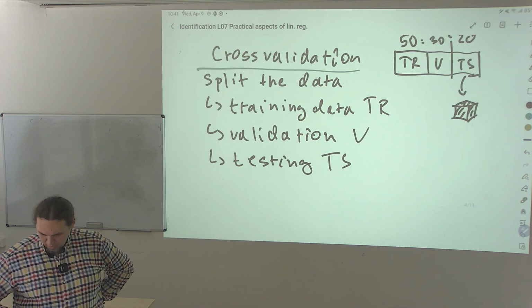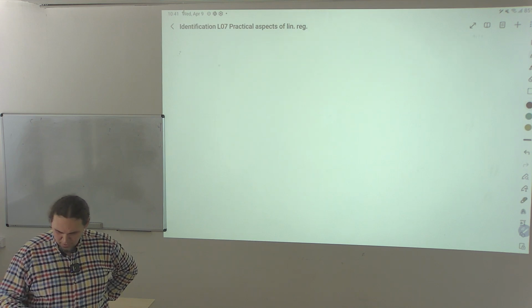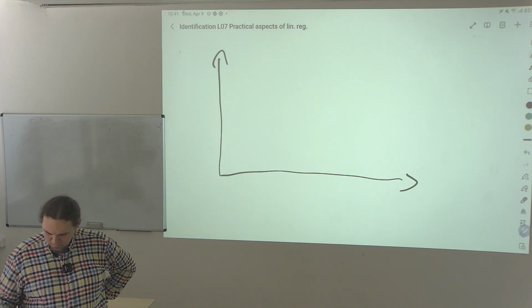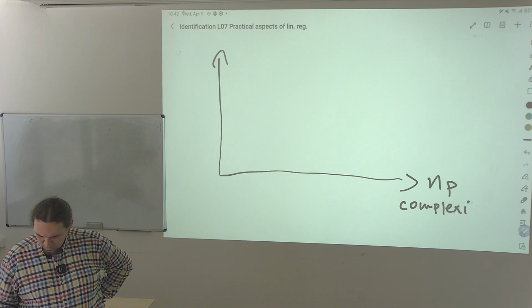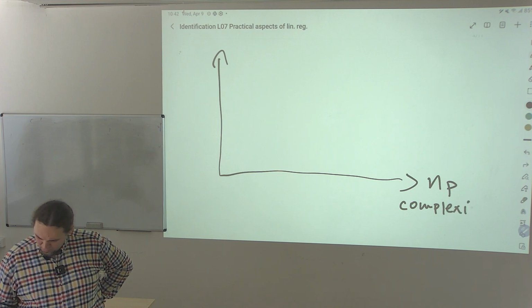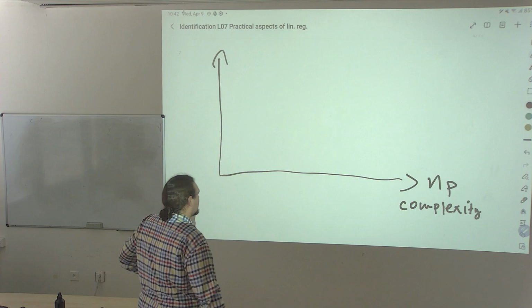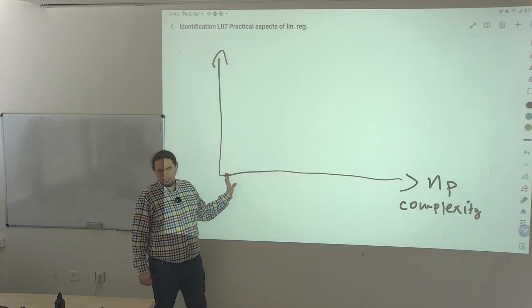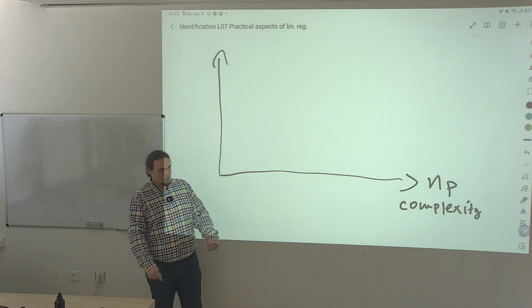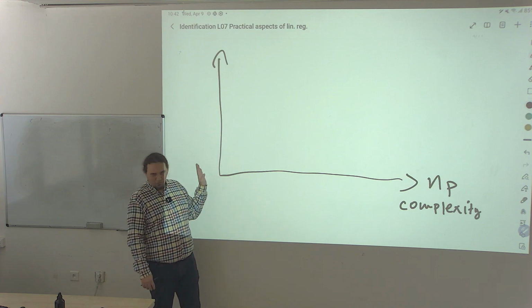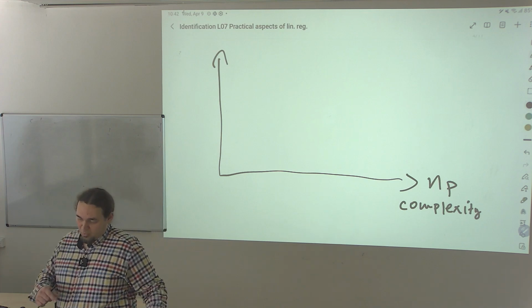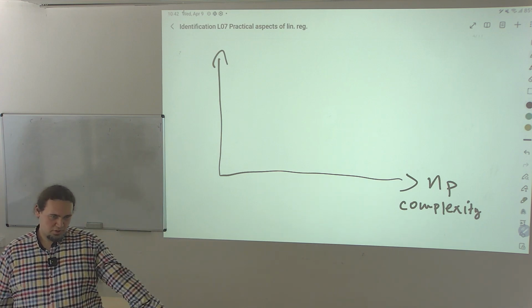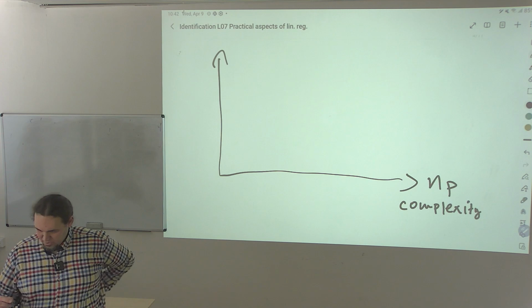How will this work? Let's say we will now be choosing different models, either different orders of the polynomial, linear, quadratic, or we can also bring in more and more terms, temperature at the first ray, temperature at the fifth ray, and so on and so forth.